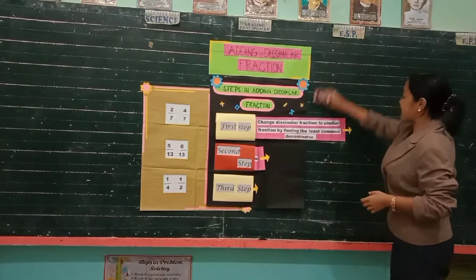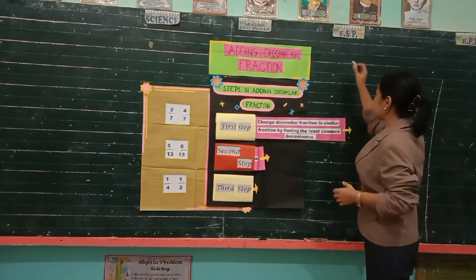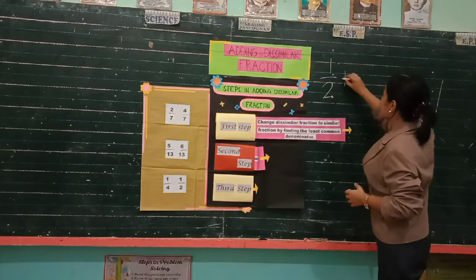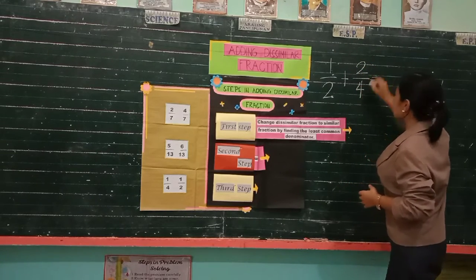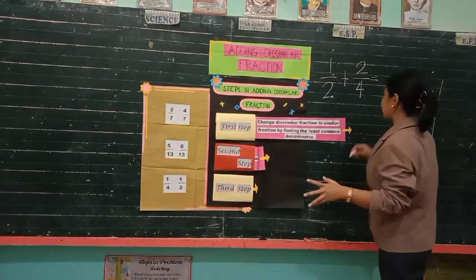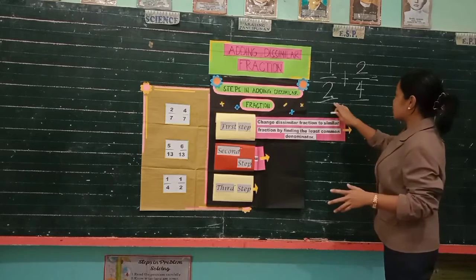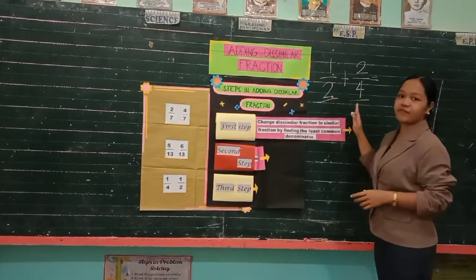So let us have an example. Let's just say I have here 1/2 plus 2/4. What we are going to do is find the least common denominator. So what is the least common denominator between 2 and 4?